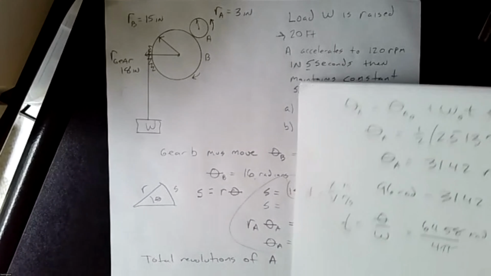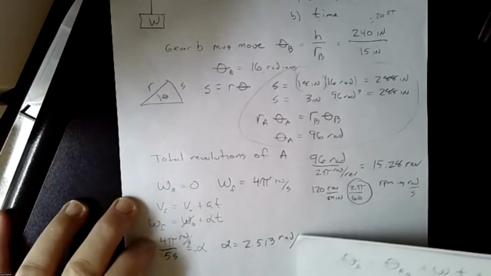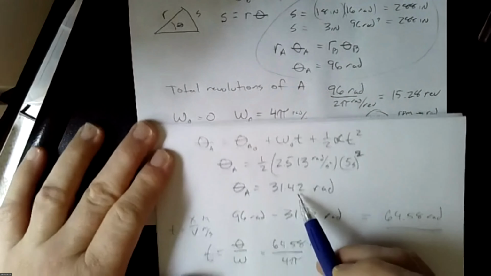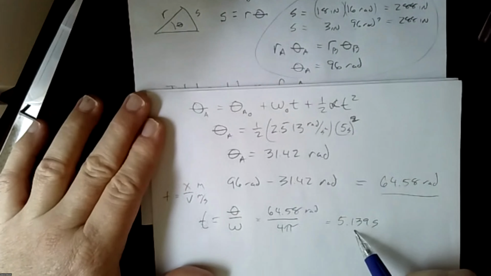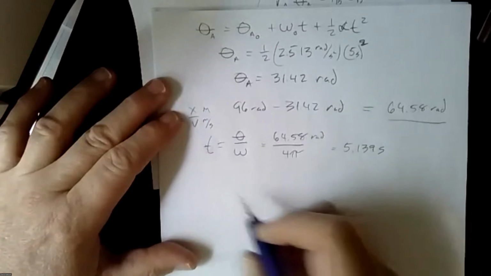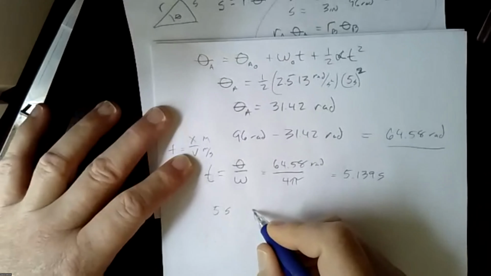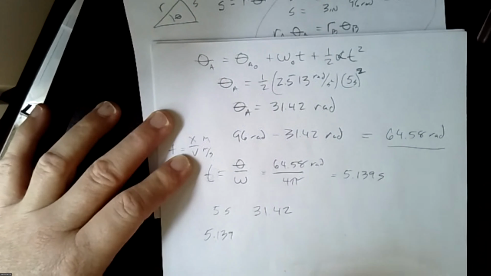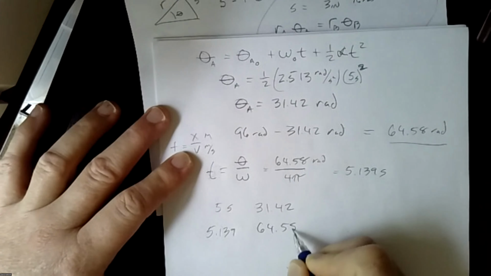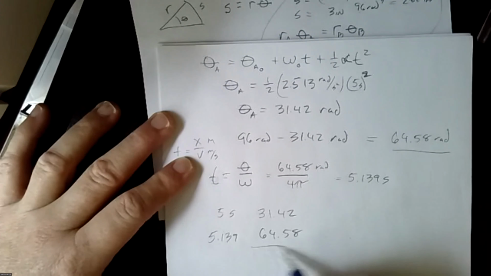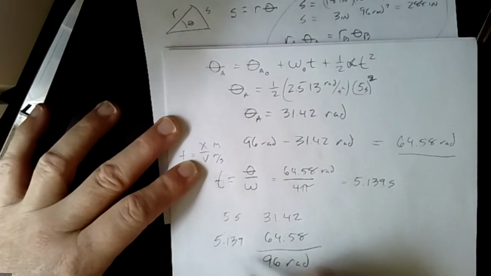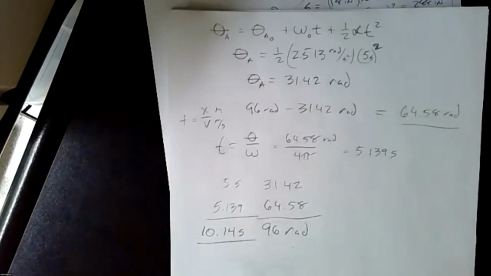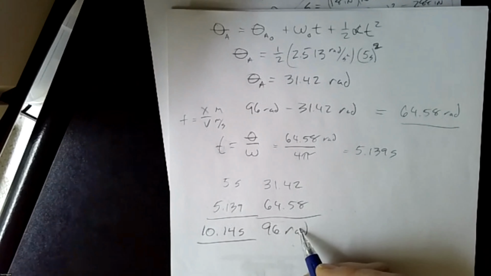We had 5 seconds accelerating, which did 31.42 radians, and then the next 5.139 seconds gave us the additional 64.58 radians. So we had our 96 radians, and a total of 10.14 seconds.